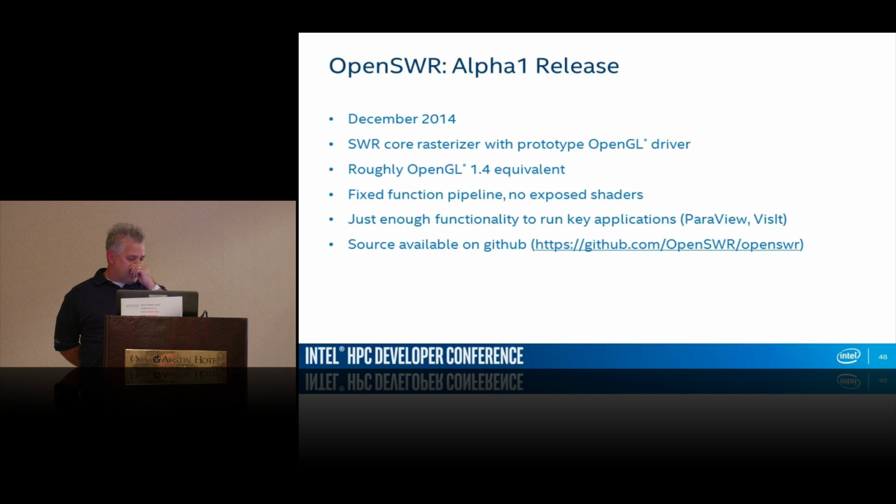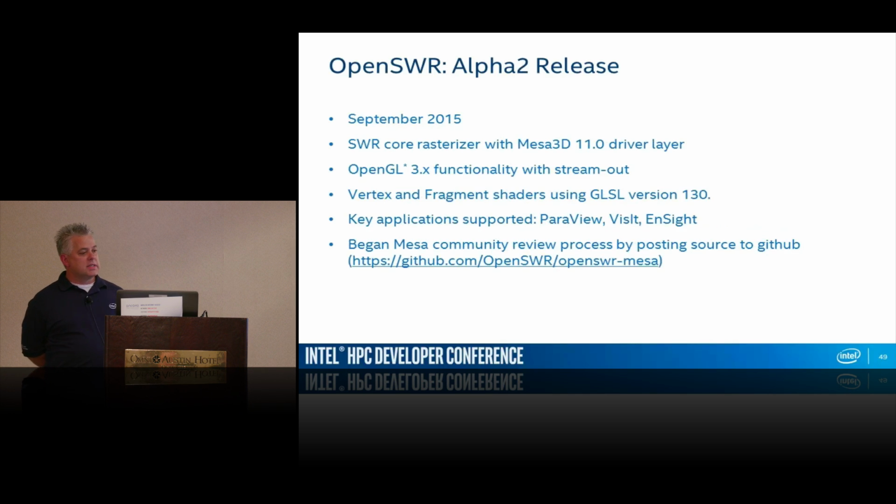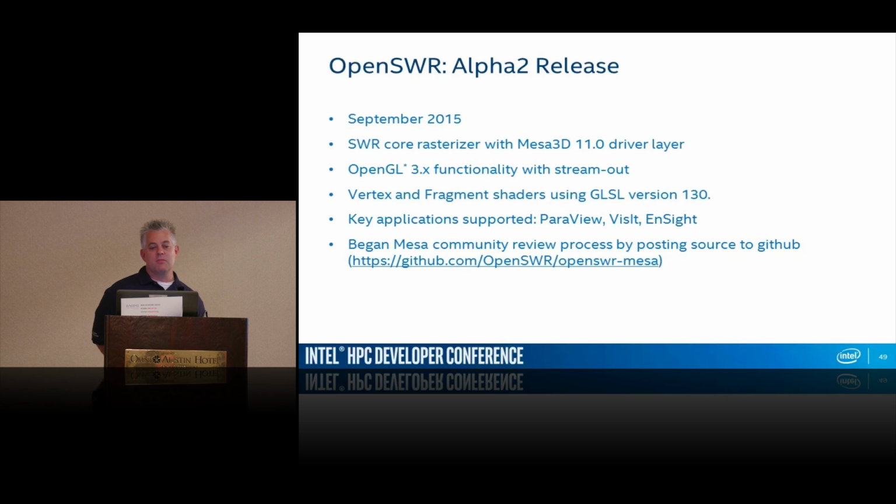But we've taken a course correction since then and released another level, the Alpha 2 release, in September of this year, which takes the same SWR core with improvements that we've been making over the last year. And it replaces the homegrown OpenGL driver with the Mesa 3D driver stack. So it's utilizing the very latest Mesa driver, which is the 11.0 release.